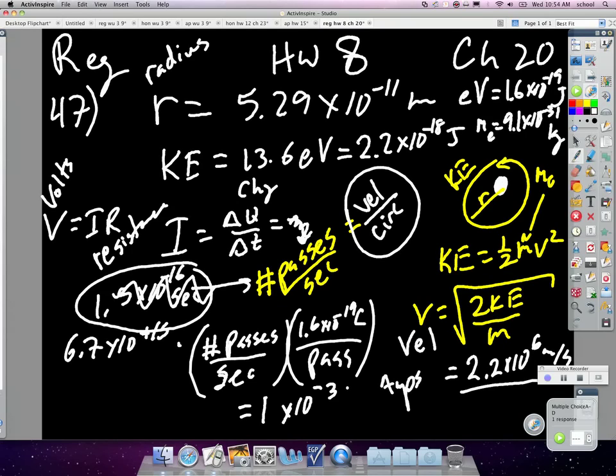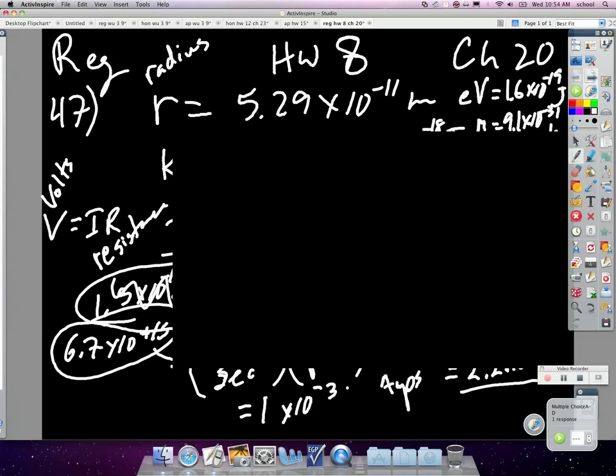So to walk through it: from the kinetic energy you find the velocity. Then you take the velocity divided by the circumference, which gives you the number of passes per second. Then you multiply the number of passes per second by the charge per pass, and that gives you coulombs per second.